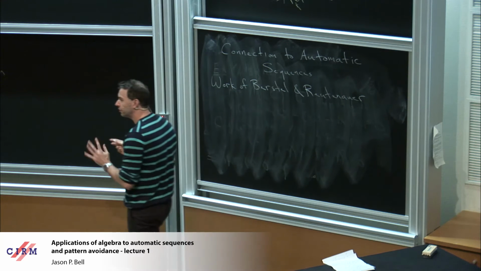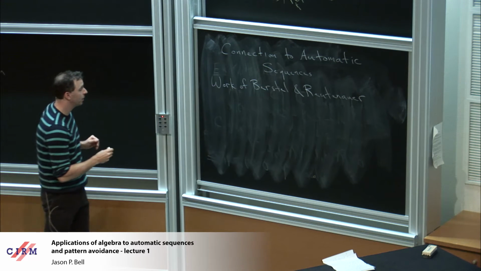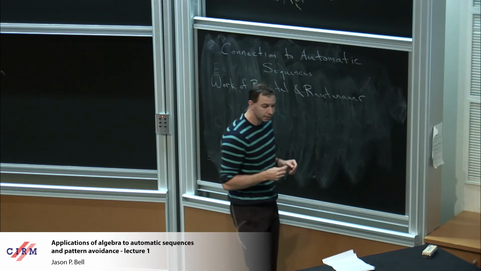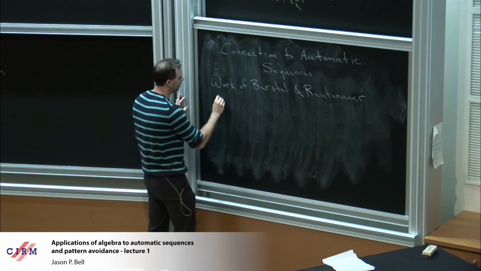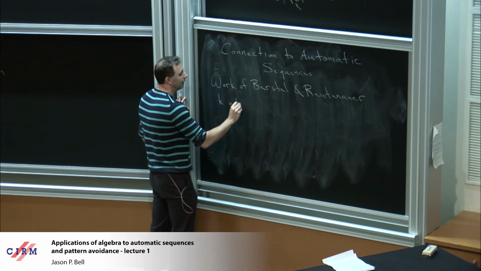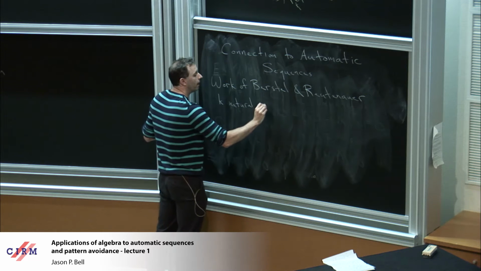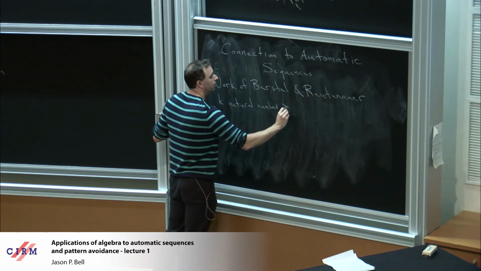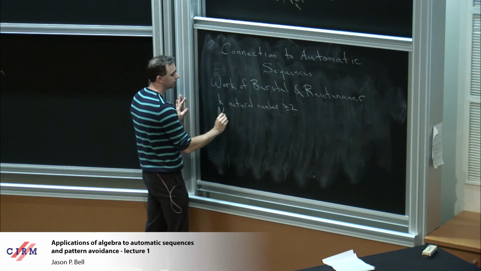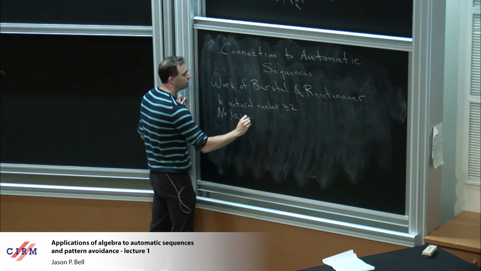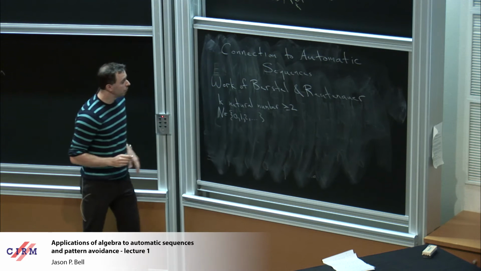For me, I'm going to do things in a slightly unorthodox way. I'm going to take k to be a natural number bigger than or equal to 2. The natural numbers will always include 0 for me.